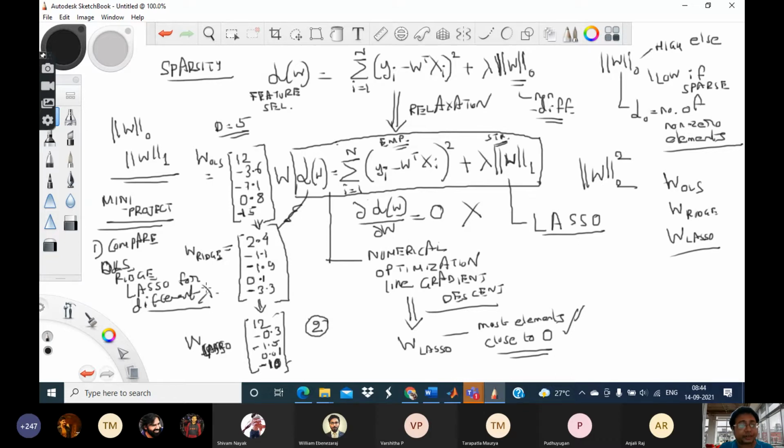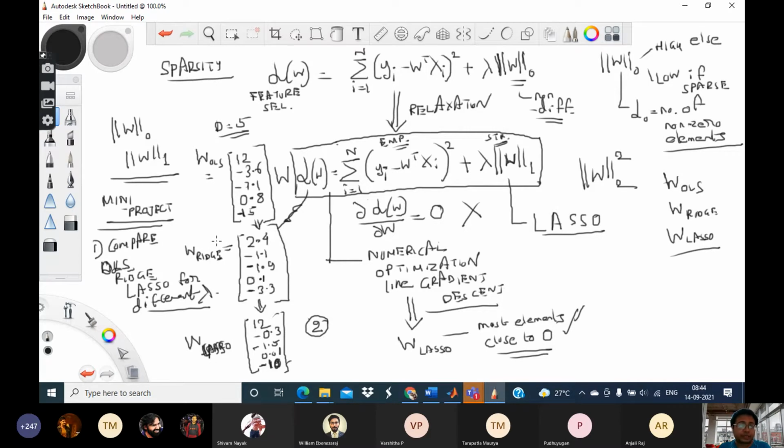As you increase lambda, you should see that the empirical loss is going up while the structural loss is coming down, and accordingly you should see certain structural properties being enforced on this W.